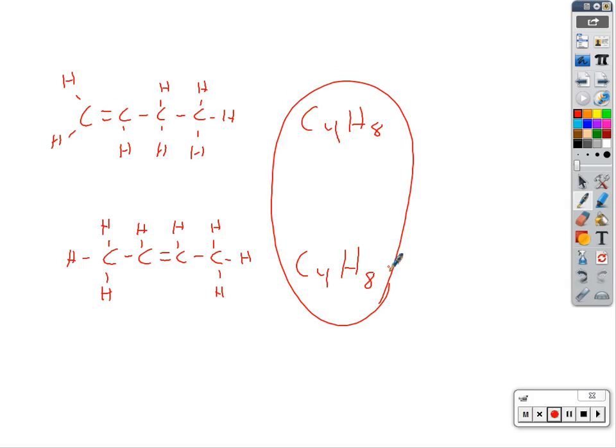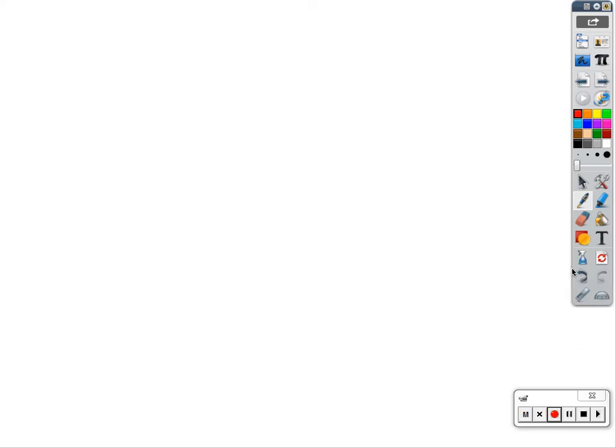Now do remember, isomerism starts with 4 carbons, with the alkenes and the alkynes. So you've got to have the 4 carbons before you start talking about isomers. When you're dealing with 3 carbon chains, this and this are the same.